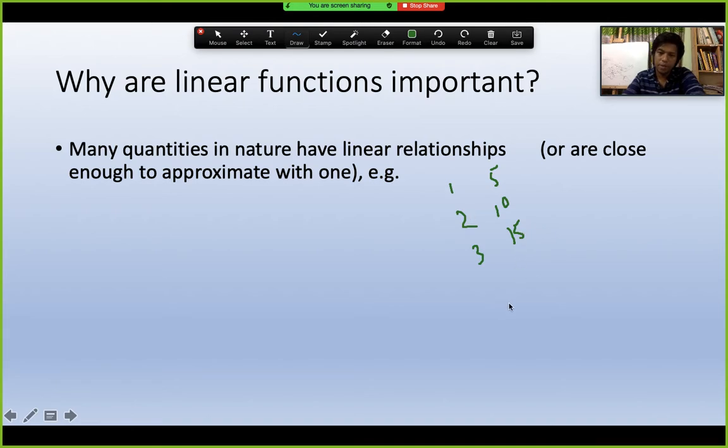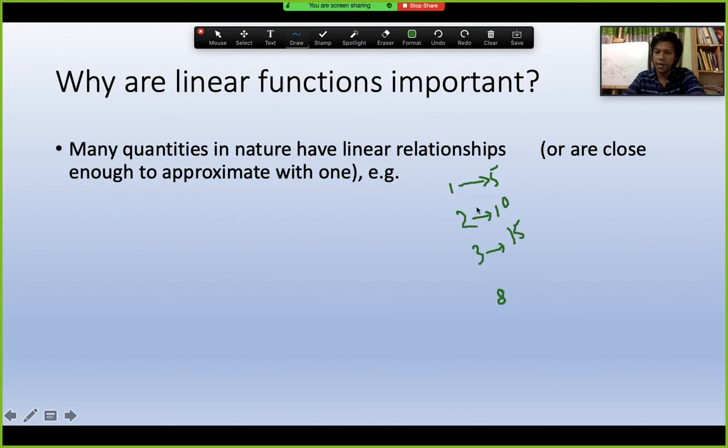For example, if I all of a sudden write here 8, then what will be the answer here? So for 1 it is 5, for 2 it is 10, for 3 it is 15. So all of them we are basically multiplying by 5. 1 into 5, 2 into 5, 3 into 5.